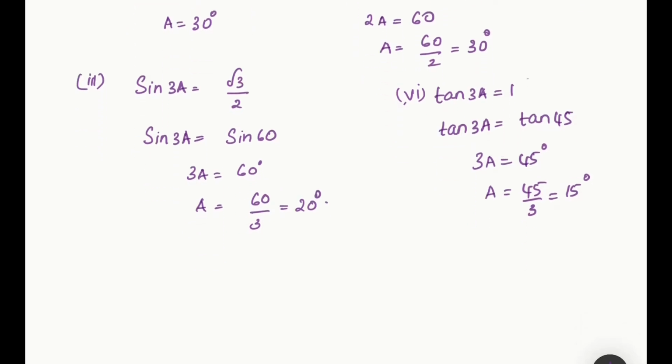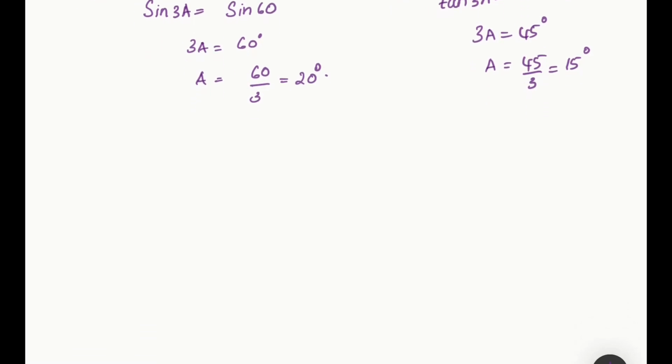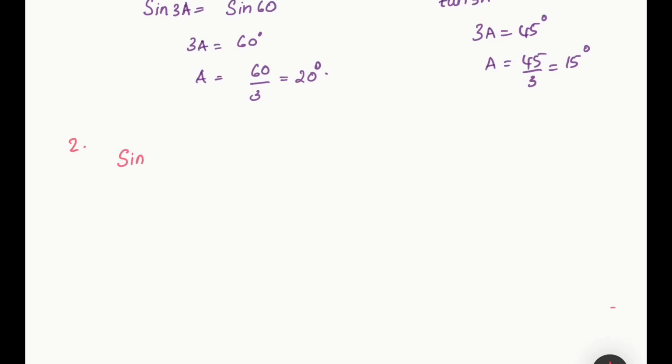Okay. Now coming to the second main. Let us do the second main. Calculate the value of A if, what is given? Sin A minus 1 into 2 cos A minus 1 equals 0. So in this case, how do we solve it?